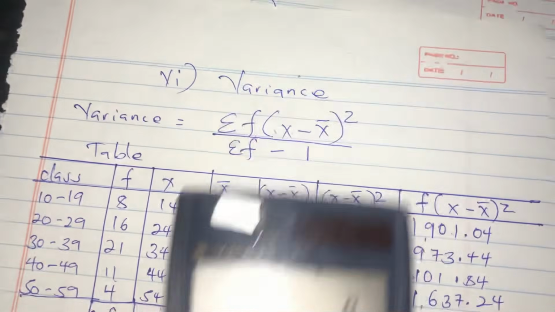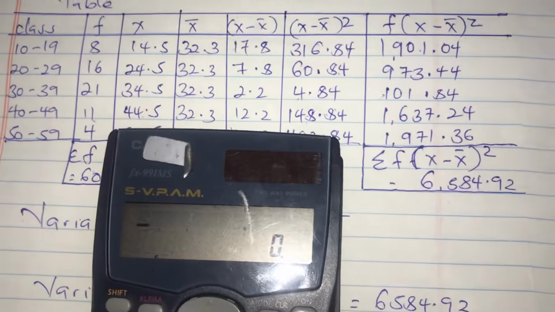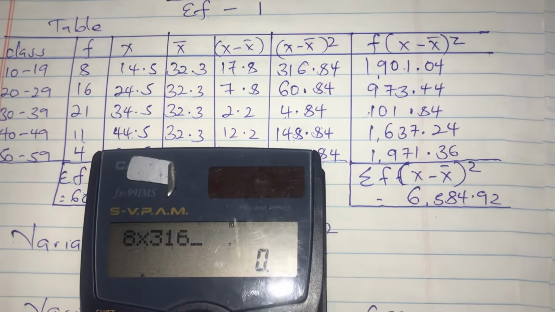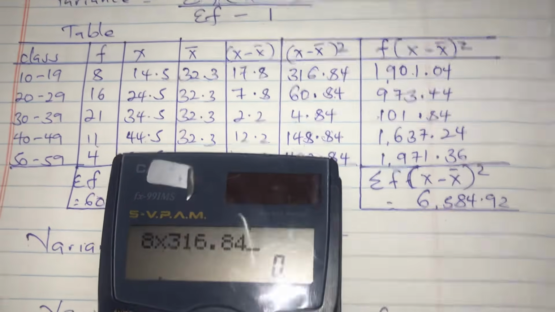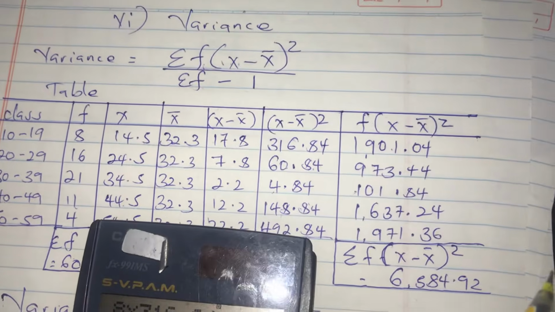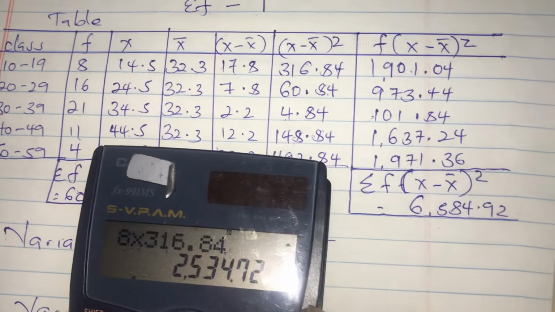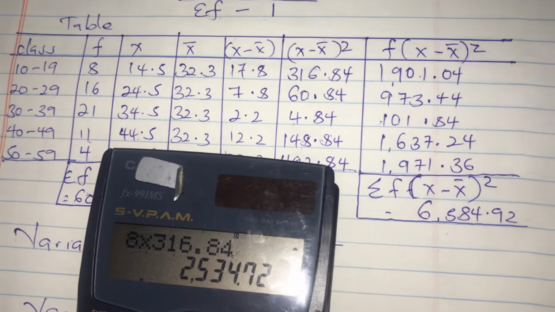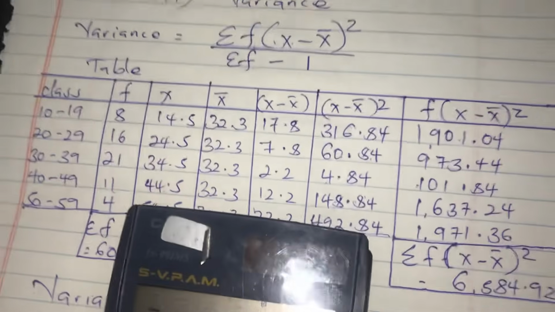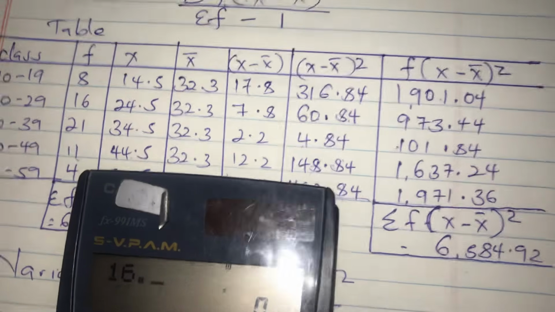For the first one it is 8 times 316.84, which is 2534.7.